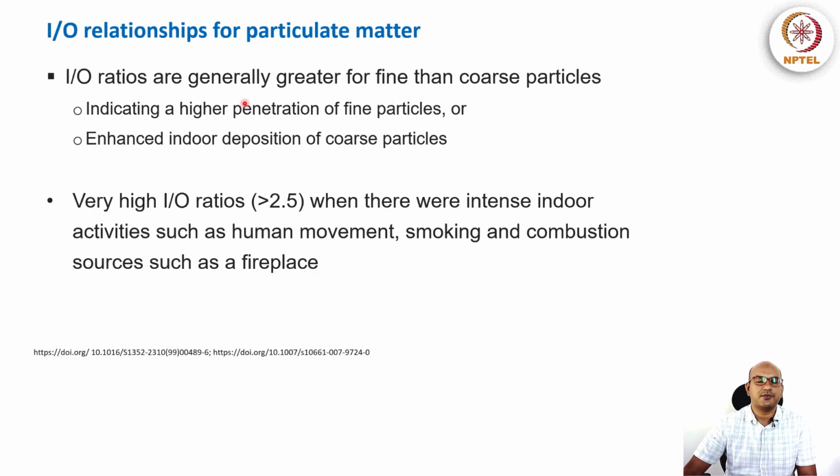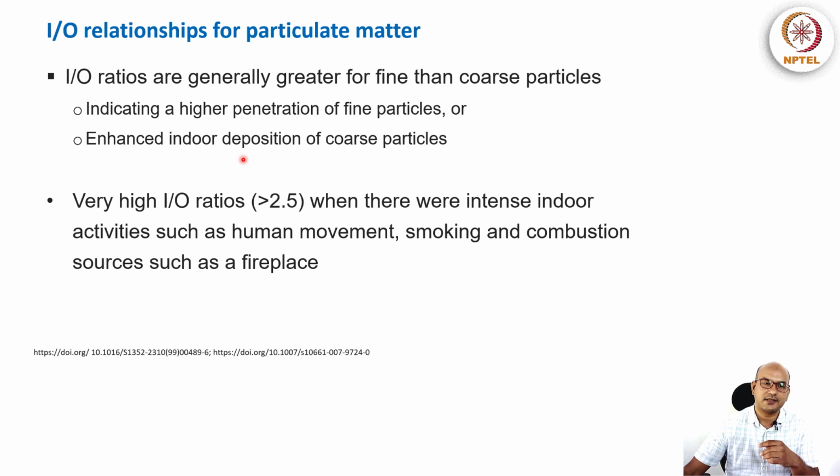The I by O ratios are generally found to be more for the finer particles due to two possibilities. Either there is a higher penetration of fine particles. When there is a higher penetration of fine particles compared to the coarser particles, the comparison with respect to outdoor will be better for the fine particles. We will have more fine particles coming in, so the I by O ratios will be generally greater compared to the coarse particles.